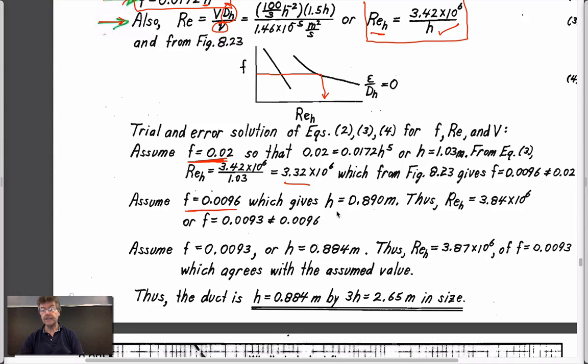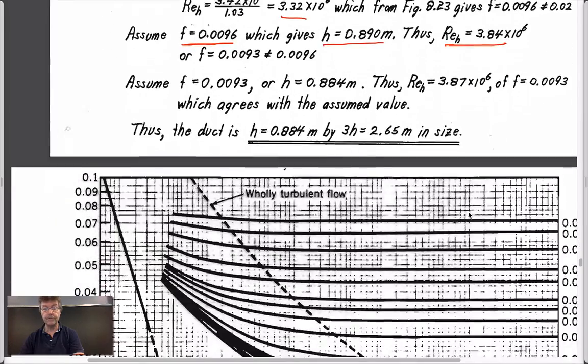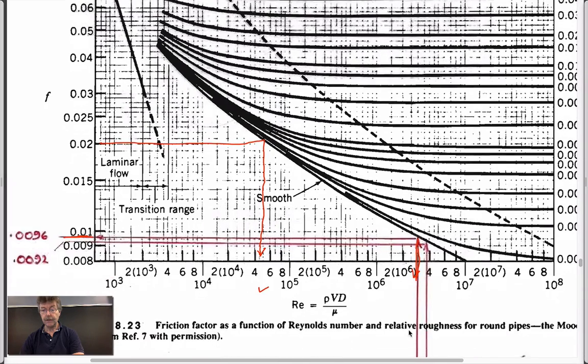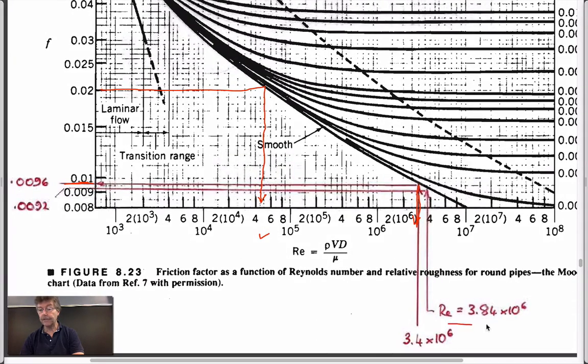This one gives a different value of h, which allows us to calculate a new Reynolds number. So 0.096 gives us a Reynolds number of 3.84. And we see if that matches up with the value we get in the component, and it doesn't.